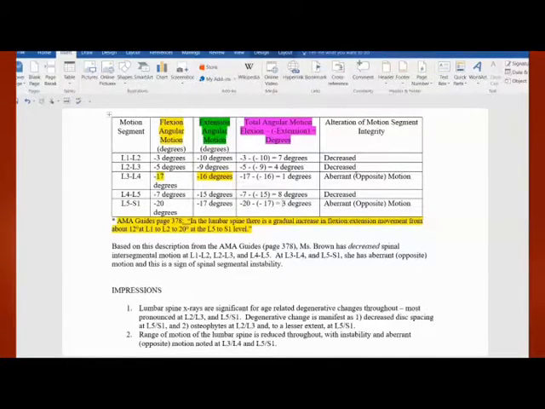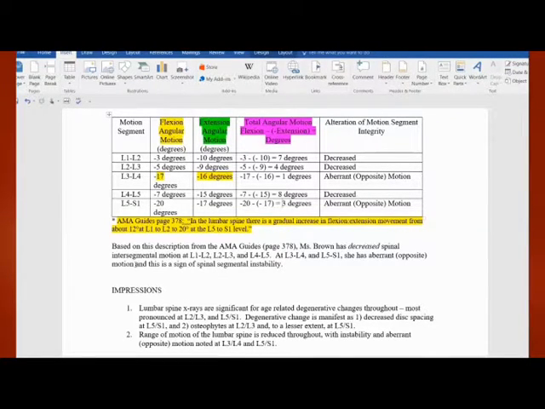Well, let's just complete this section here and indicate to the reader that one of the conclusions is that based on the description from the AMA guides, Mrs. Brown has decreased spinal intersegmental motion at L1-L2, L2-L3, skips a segment at L3-L4, and L4-L5, while at L3-L4 and L4-L5 she has aberrant or opposite motion, and this aberrant or opposite motion is a sign of spinal segmental instability.